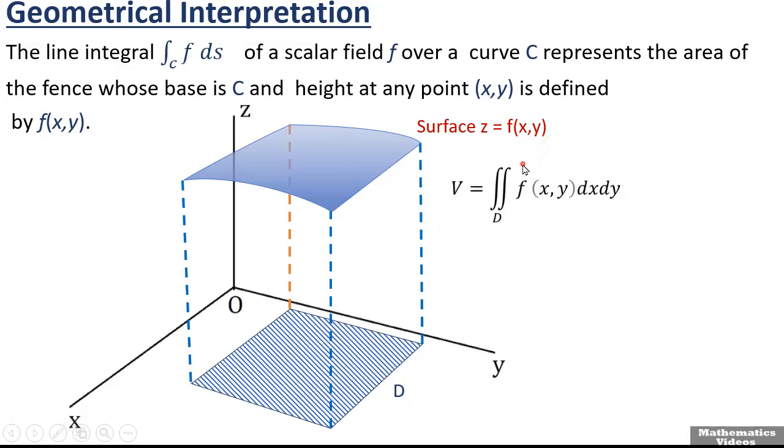We will learn in the next chapter that the double integral of the function f over the domain D is equal to the vertical volume bounded between the domain D and the surface. Since this is the matter of the next chapter, we will discuss it in more detail there. So let me leave it for now.